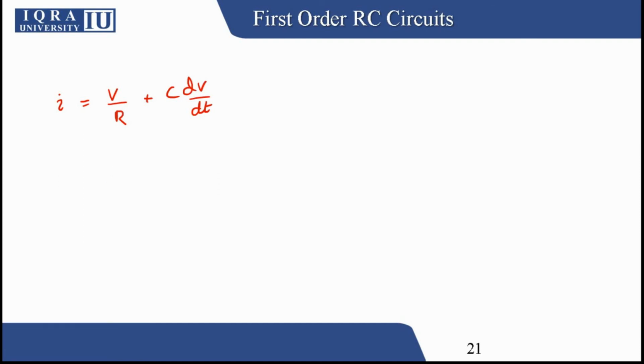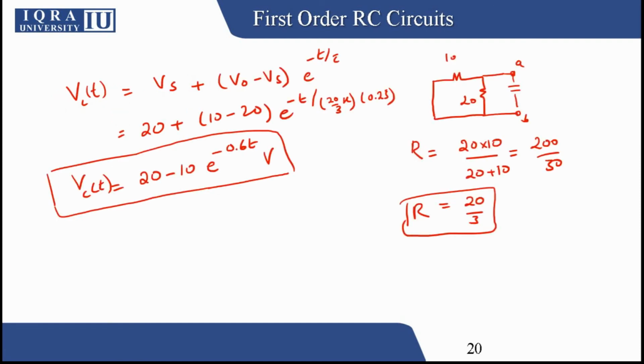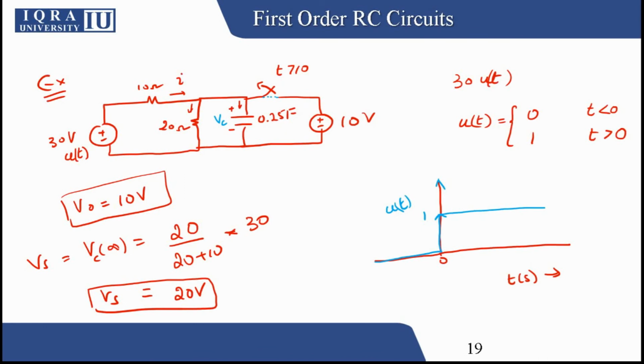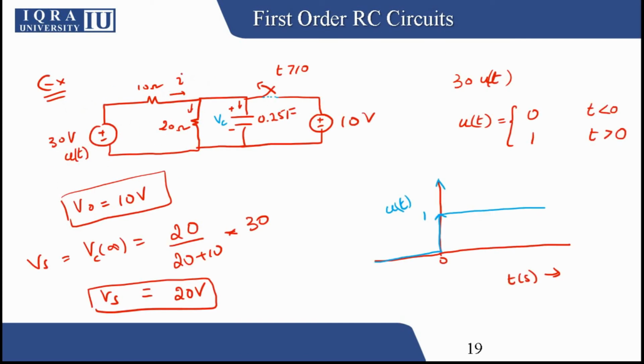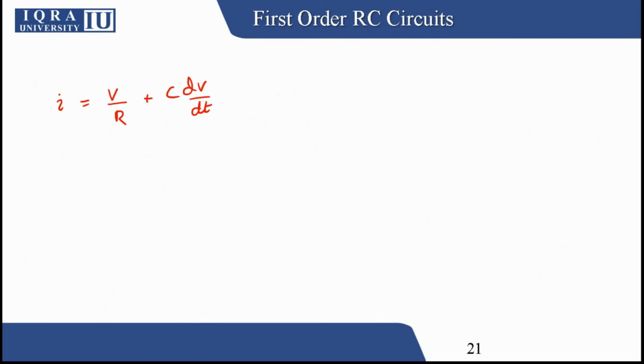So to determine the current of this equation, I is equal to V over R plus C dV by dt, as the current is entering and these are two leaving currents. So what is the voltage across the resistance?